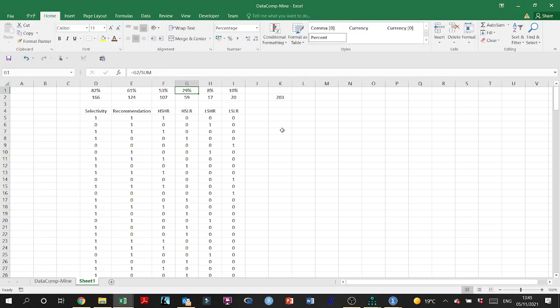What does that mean? This means that out of 82% of all the data set that have high selectivity, 53 of them, of the high selectivity, were actually high recommendation.